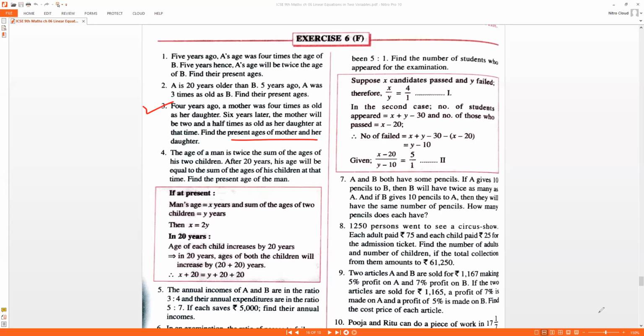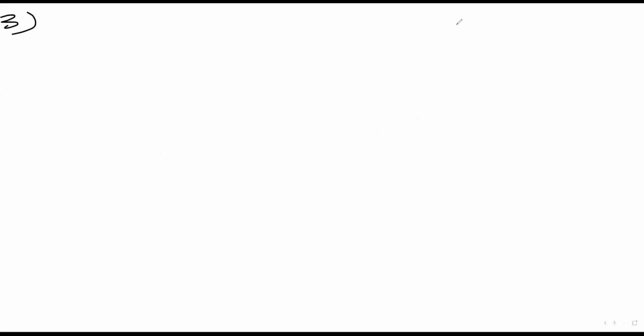Let us construct a very, very similar table in which we can draw 3 rows and 3 columns. In fact, you can draw 4 rows.